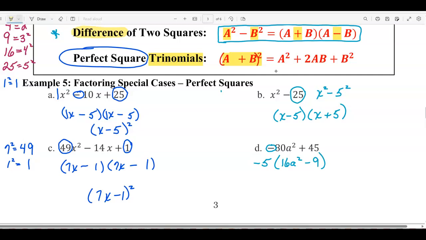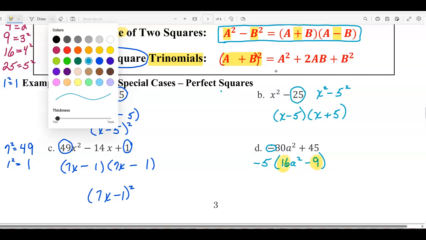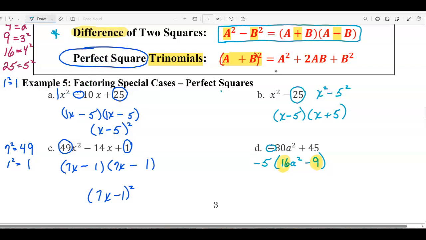So here I see, after we factored out the GCF, we do have those perfect squares that show up in the first and the last positions. Okay, so if it helps, remember 16 is 4 squared and 9 is 3 squared. So my factors would be 4a minus 3 and 4a plus 3.